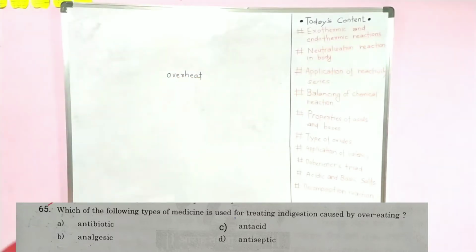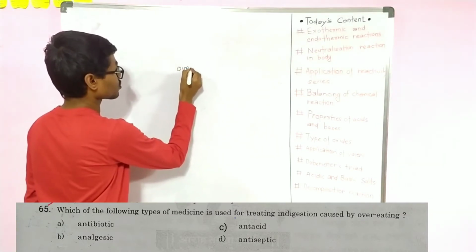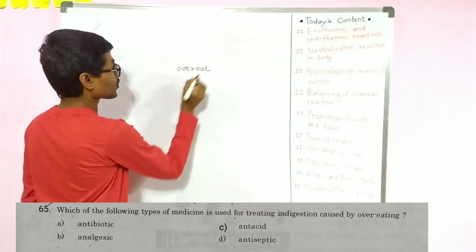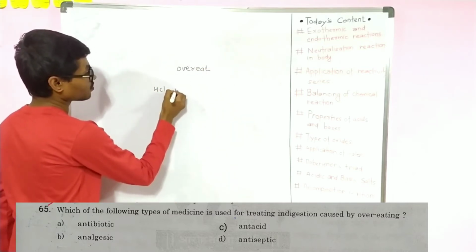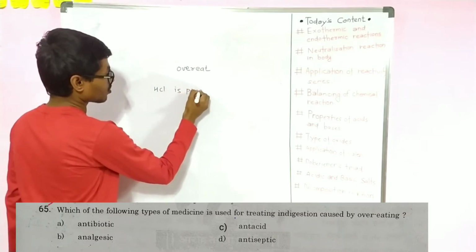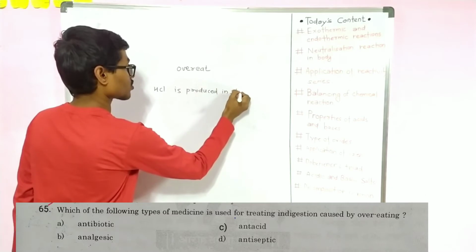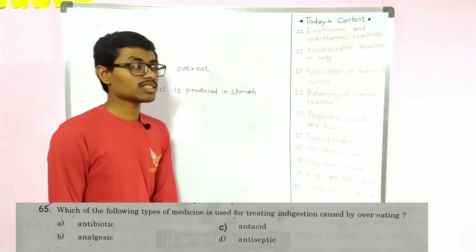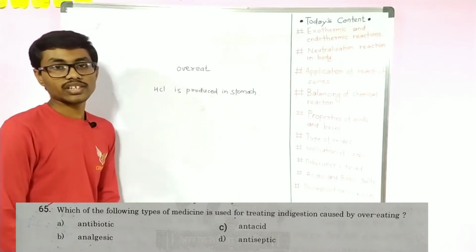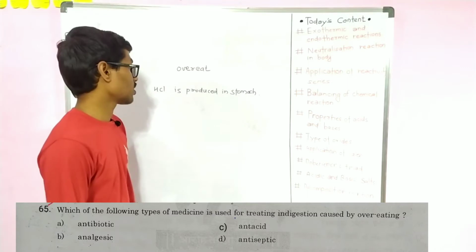When we overeat, HCl is produced in the stomach. When the HCl amount is in excess, there will be acidity in our body.